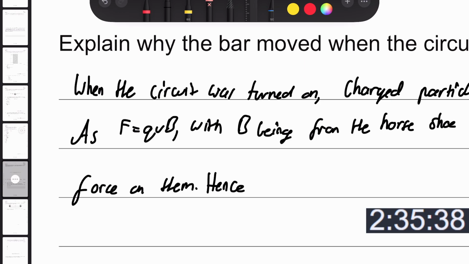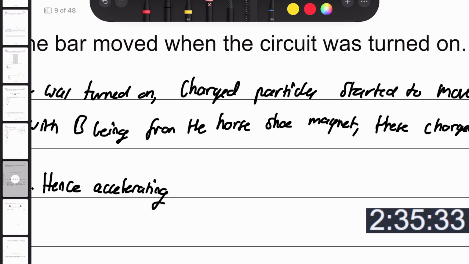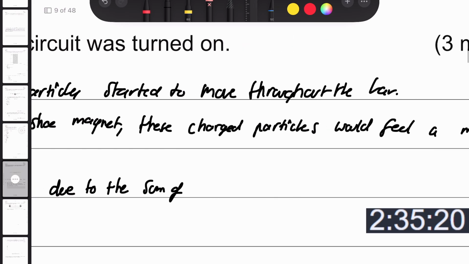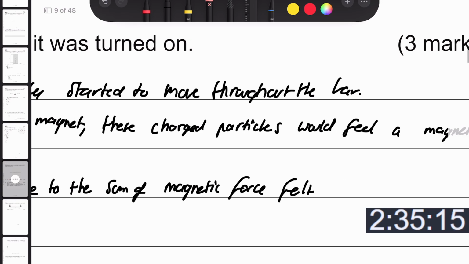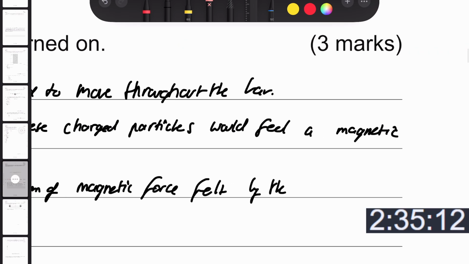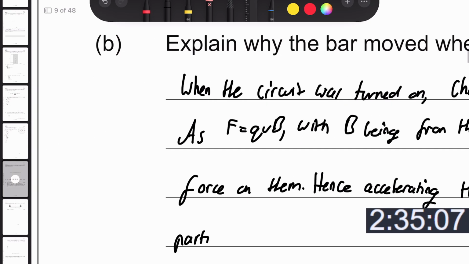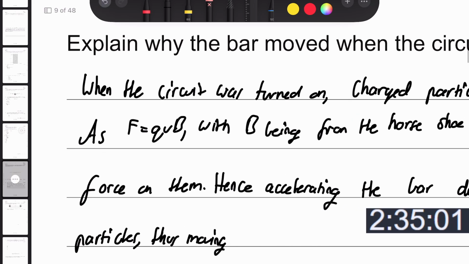Hence this would accelerate the bar due to the sum of magnetic force felt by the charged particles, thus moving the bar.